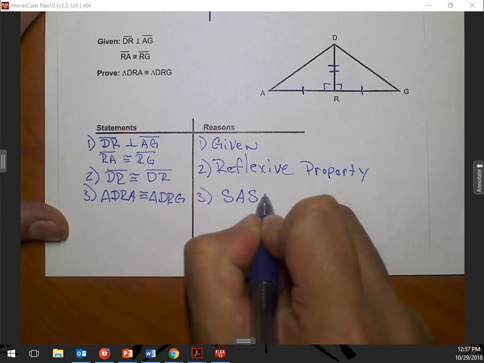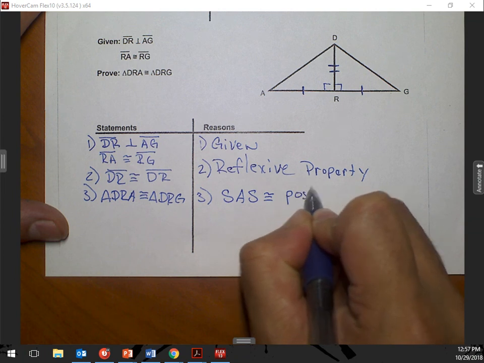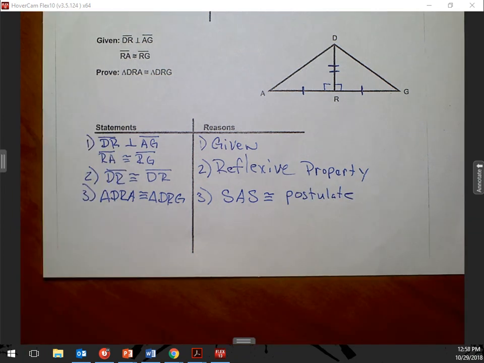Side angle side, congruent property or postulate. We can't just put side angle side, because it's congruent, and we're going to have a similar one later on. There's going to be a similarity postulate. So we're trying to show that these ones are congruent versus similar. Does that make sense? Questions? That's not too bad, is it?